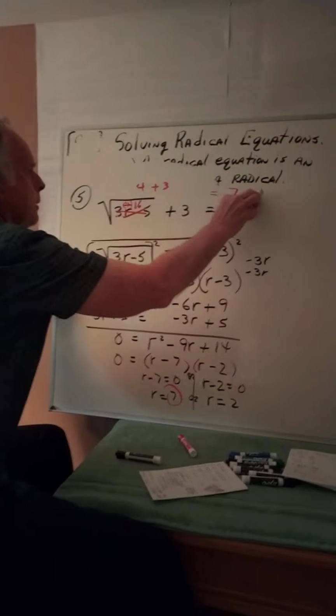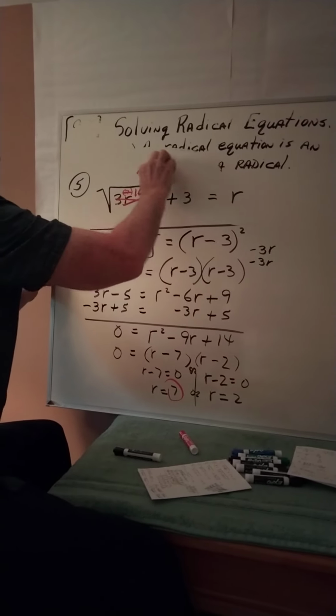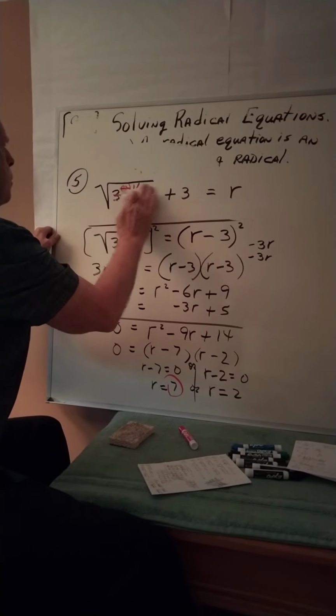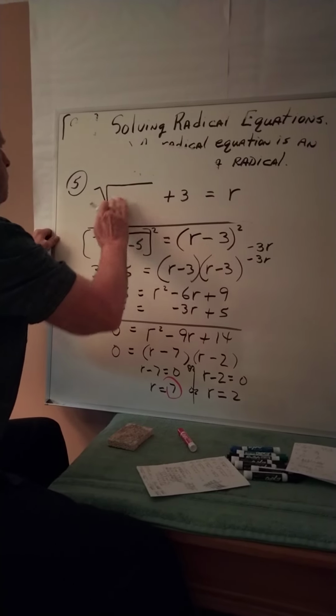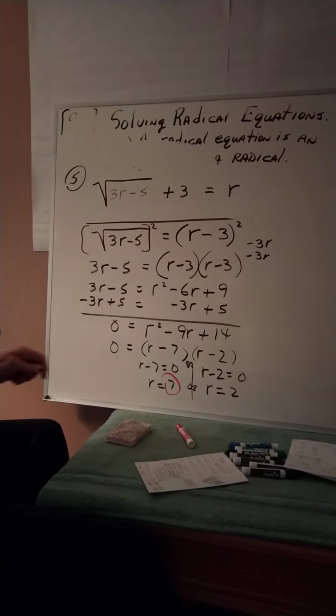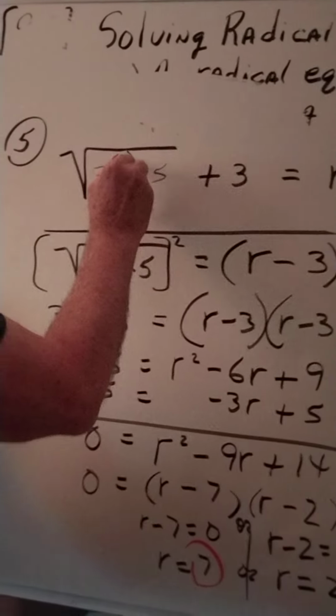Now let's do the other one. And check that one. And if I can remember what that was, 3R minus 5. Let's try 2. A 2 there.